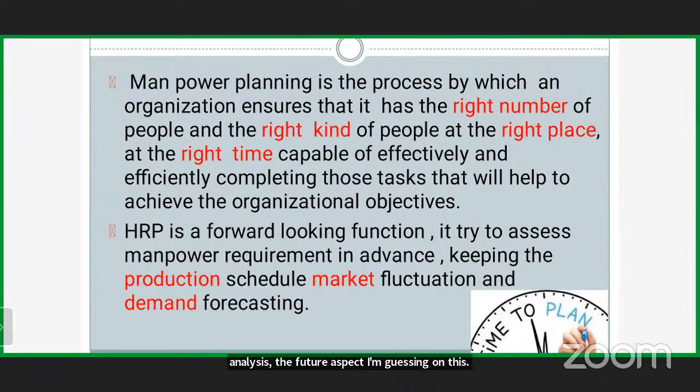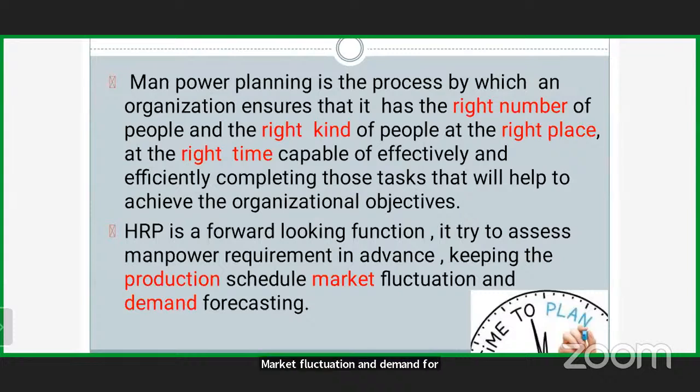So if planning is forward looking, then human resource planning is always forward looking. It tries to assess manpower requirement in advance, keeping in mind the production schedule, market fluctuation, and demand forecasting.